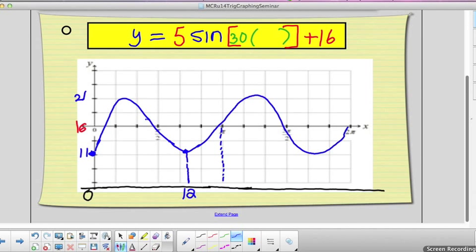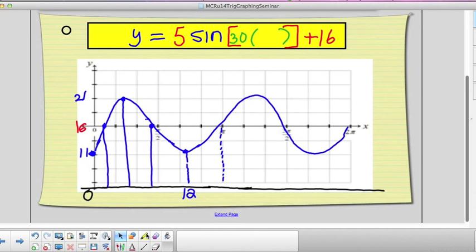So if I look at my key points, 1, 2, 3, 4. So this is going to have one area. Up to here is another key area. And up to here is another key area. So that cycle, let me highlight, from 11 back to 11 again, this is my full cycle, right?